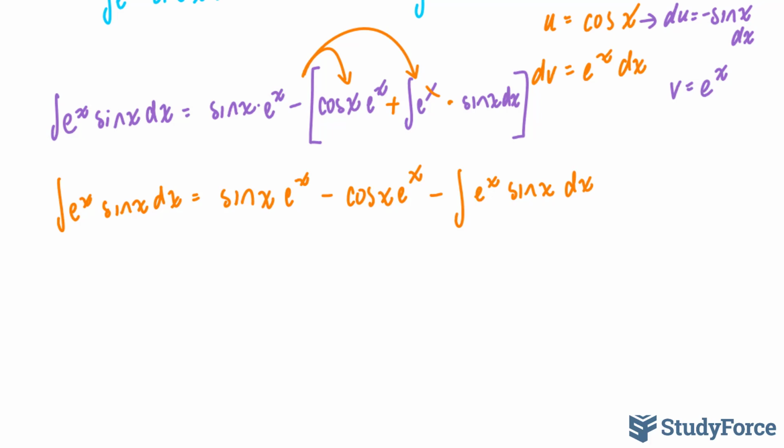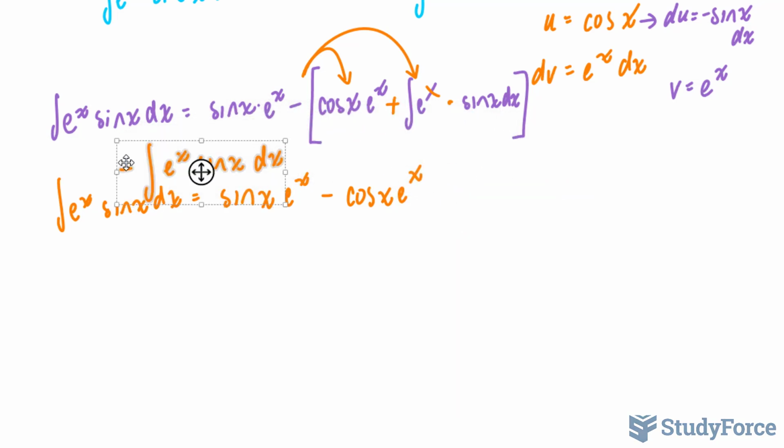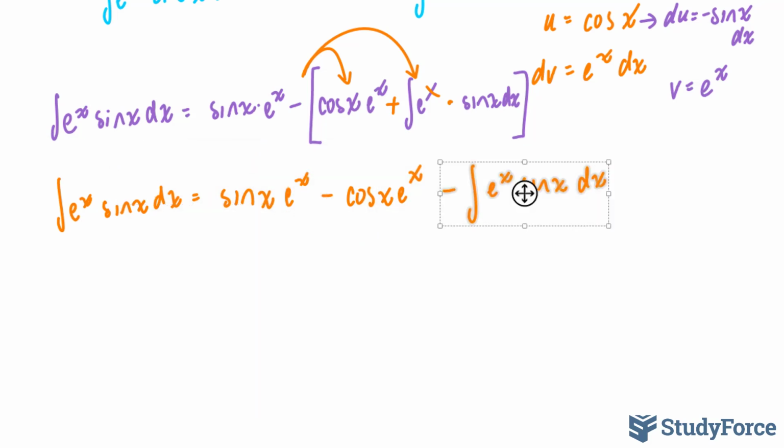Now you'll notice something very special here, that this part of the equation and this part of the equation are almost identical. So what I'm going to do is take this part of the equation over to the left side, and if I take this whole thing over to the left side, pretend that it's here now, and this becomes positive, what will happen is that you'll have two of these.